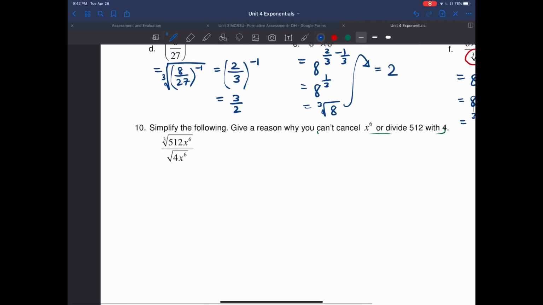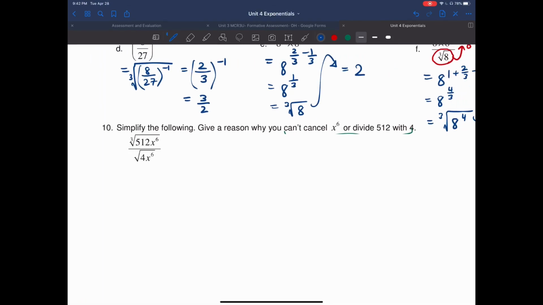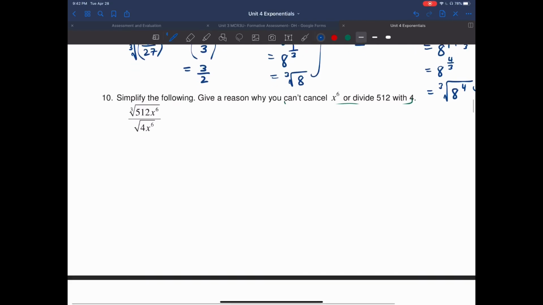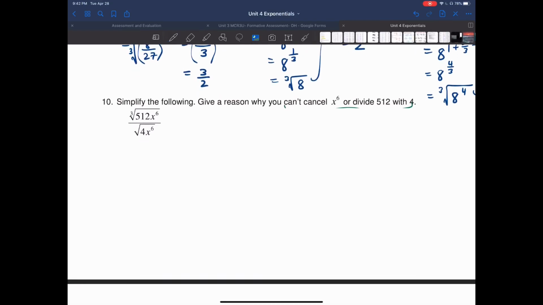Question 10. Simplify the following. Give a reason why you can't cancel x^6 or divide 5/12 with 4. So I am going to do prime factorization for the first part so that I know where I'm going later with that 512, and I kind of did it on the side.